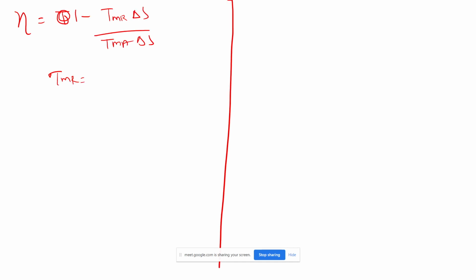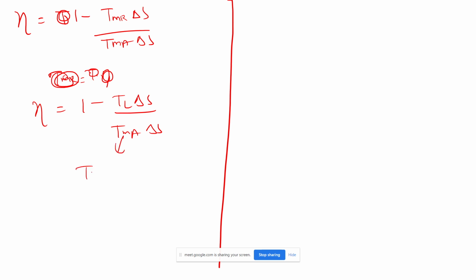So mean temperature of heat addition will be higher for the Carnot cycle, T5 plus T1 by 2, whereas for the Rankine cycle it will be T4 plus T1 by 2.